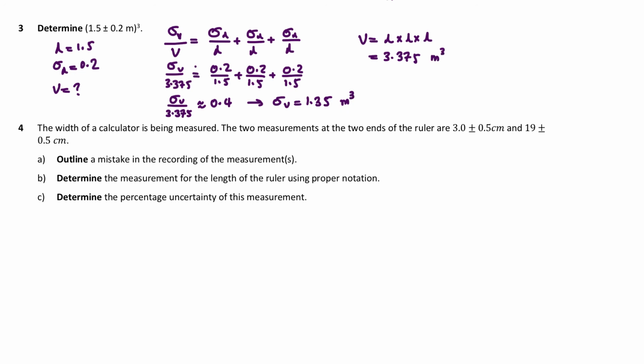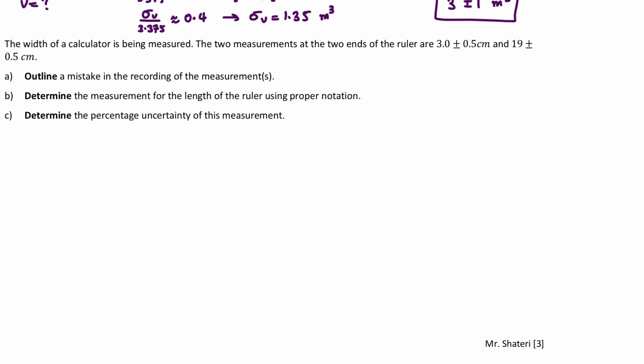So then for the final measurement, I will need to take my uncertainty and turn it into one significant figure. So plus or minus 1. And my value, I need to also have no decimal places for it. So that's going to be 3 meters cubed. And that is my final measurement.